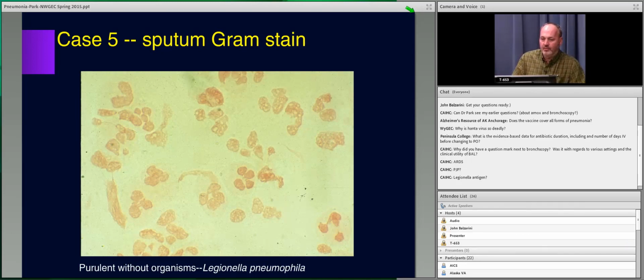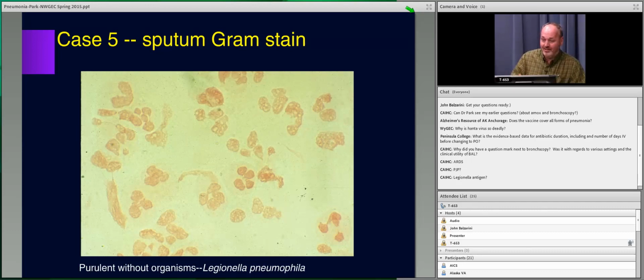Okay, and the one that's likely to cause septic shock and focal pneumonia is Legionella. So, good guess. Now, you can culture Legionella. It takes about 5 days to grow. So if you wait until the culture comes back before you treat it, they're toast.